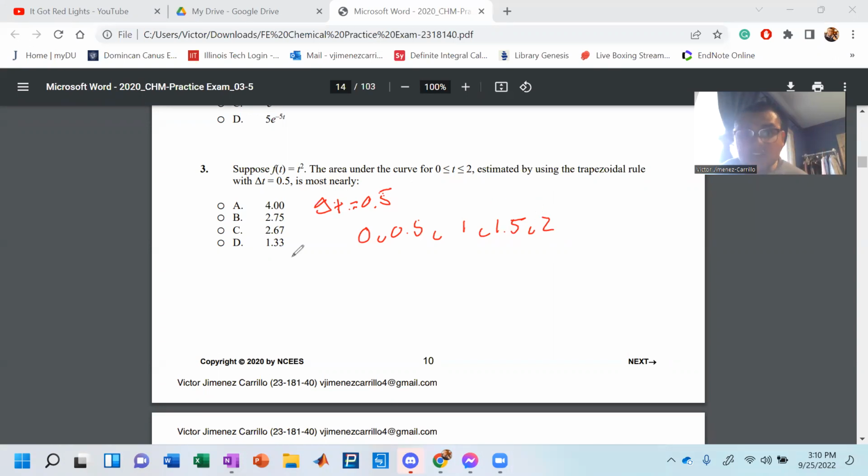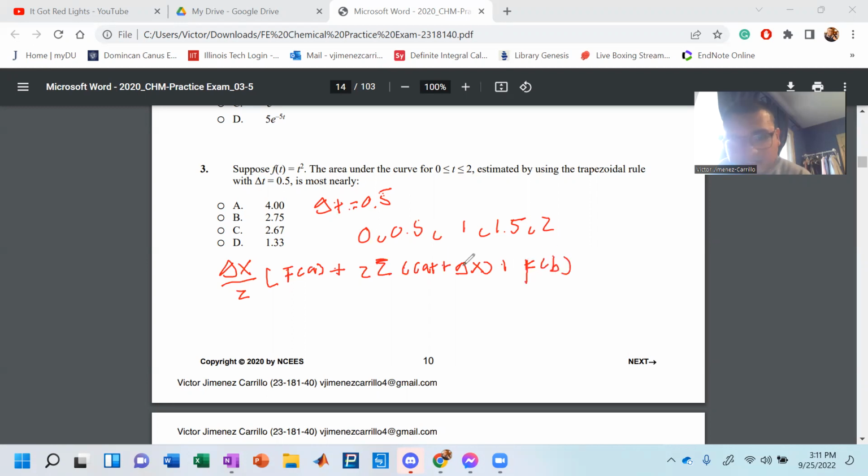Now, the next big important thing you need to remember is the basic equation for the trapezoidal rule, which is delta x, in this case we can just say delta t because they give it to you, divided by 2, times f of a, plus 2 multiplied by the summation of f of a plus k delta x, plus f of b.